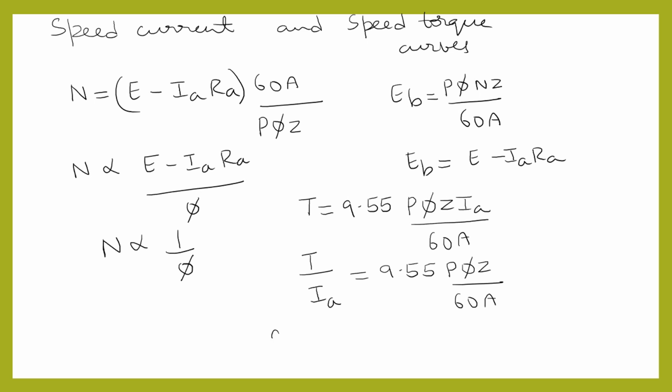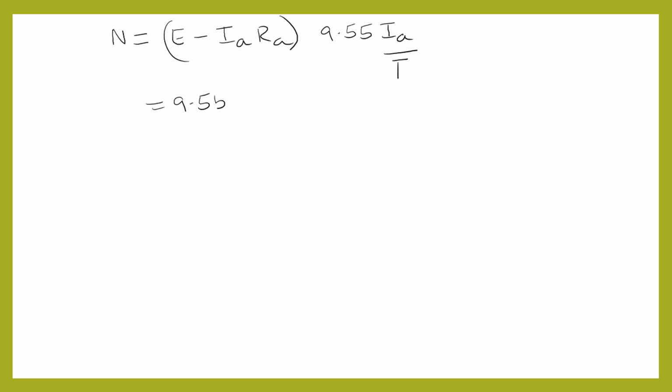So we have the equation written as 9.55 Ia by T as 60A by P phi Z. Substituting the value in the equation of N, we get N equal to E minus IaRa into 9.55 Ia by T, that is equal to 9.55 E minus IaRa by T by Ia.